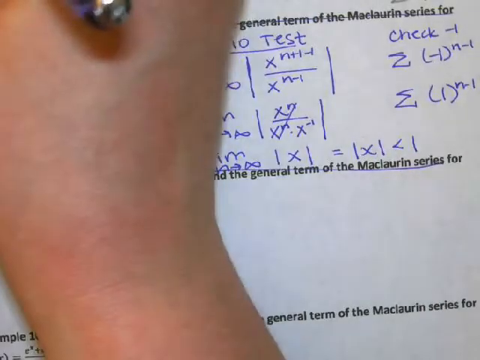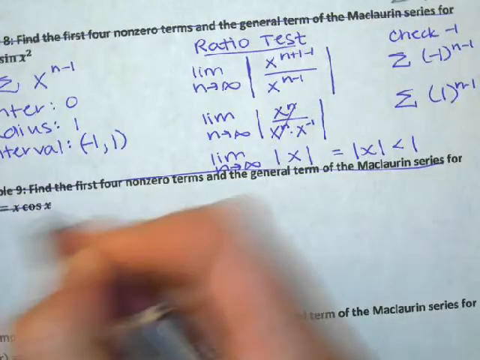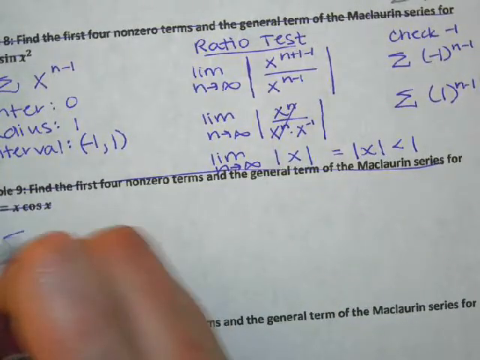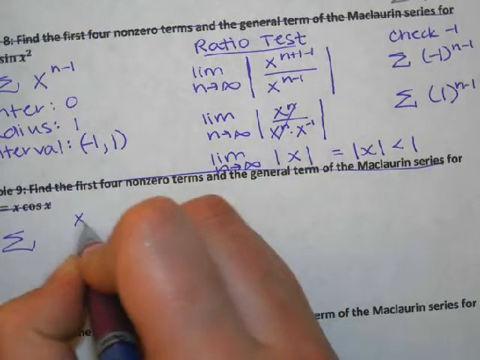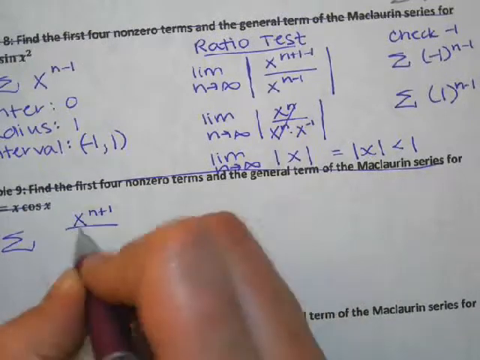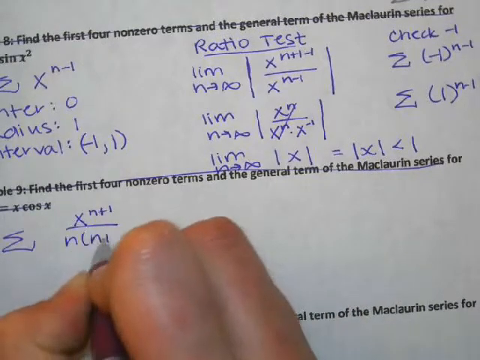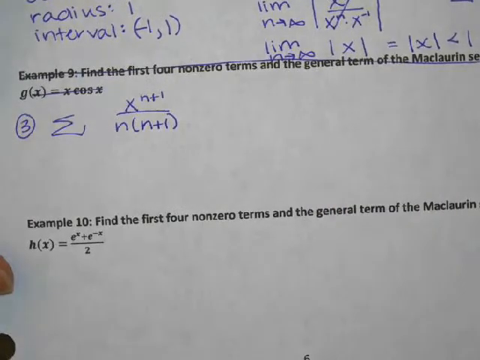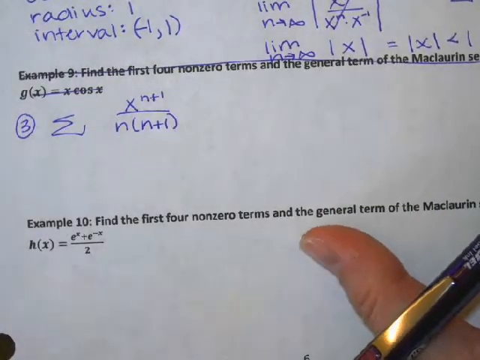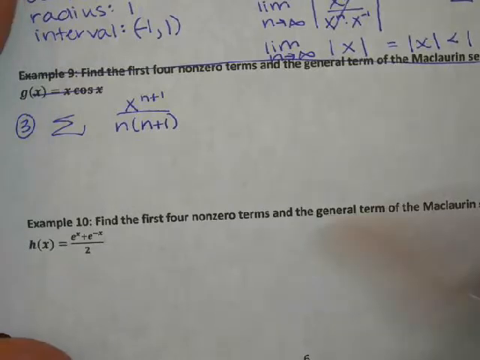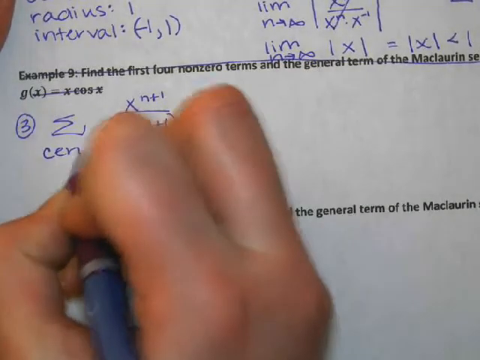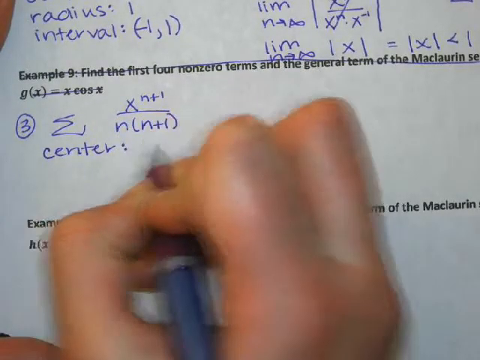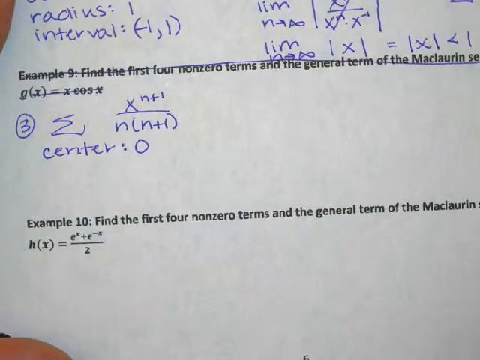Okay. All right, for the next one, we're going to do the integral, and the integral became x to the n plus 1 on the top, and then n times n plus 1 on the bottom. So again, since that x is all by itself, that's a center of 0.